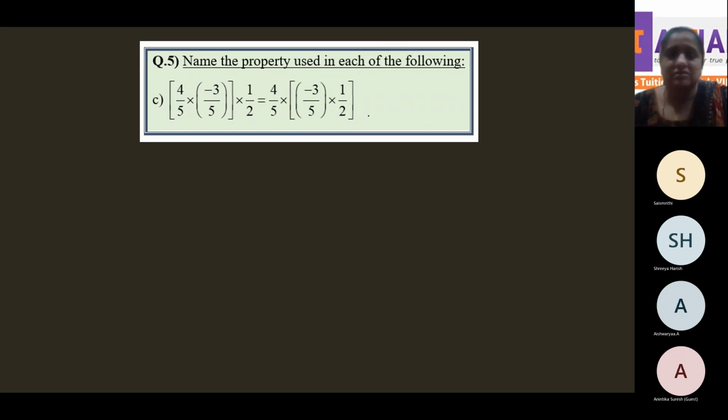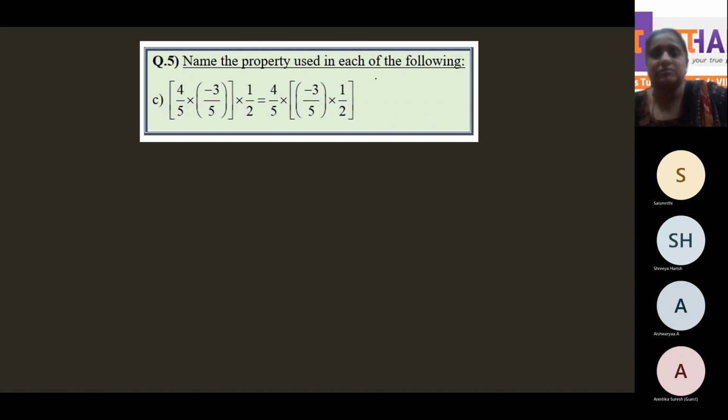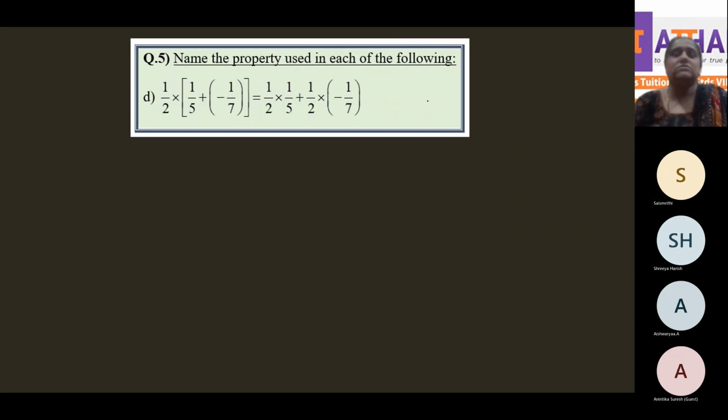No, ma'am. Associative property of multiplication, because the three different rational numbers are 4 by 5, minus 3 by 5, and 1 by 2. You can see the same here, 4 by 5, minus 3 by 5, and 1 by 2. Just that the brackets are used in different ways. So it's associative property of multiplication.